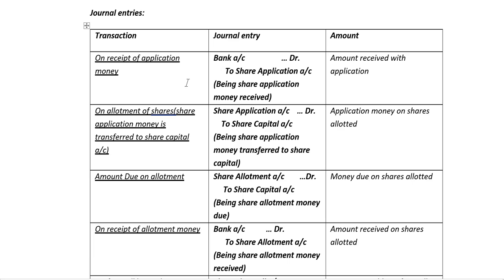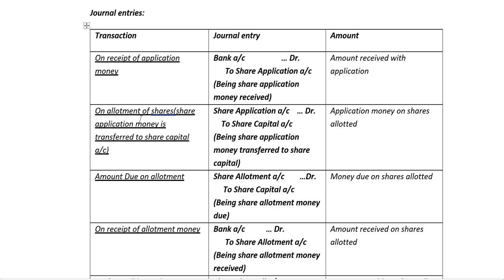On receipt of application money, journal entry is bank account debit to share application account. Narration being share application money received. The amount is equal to the amount which is received with the application.